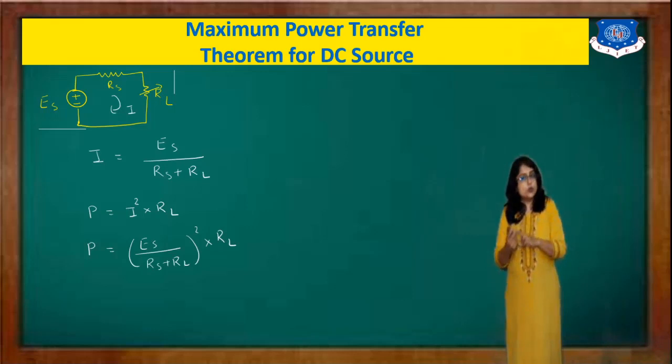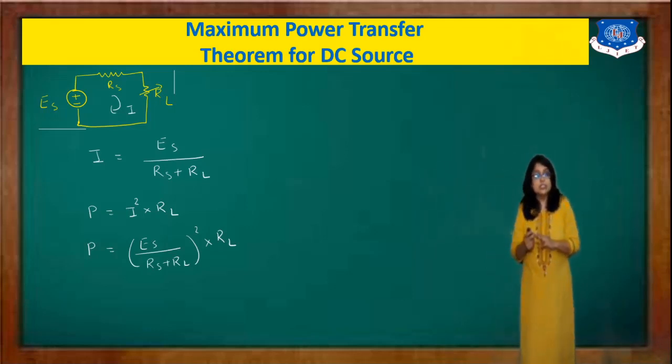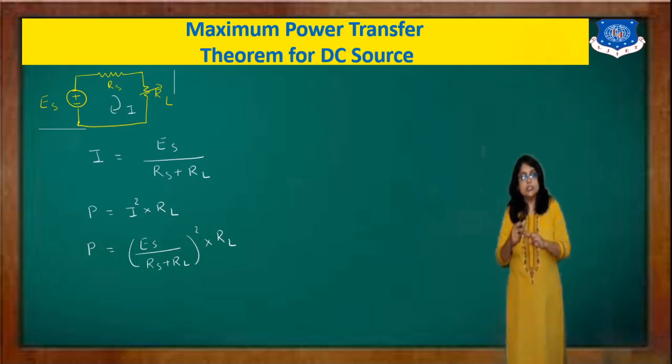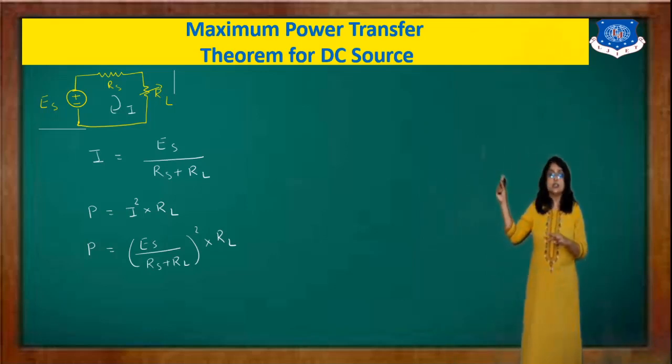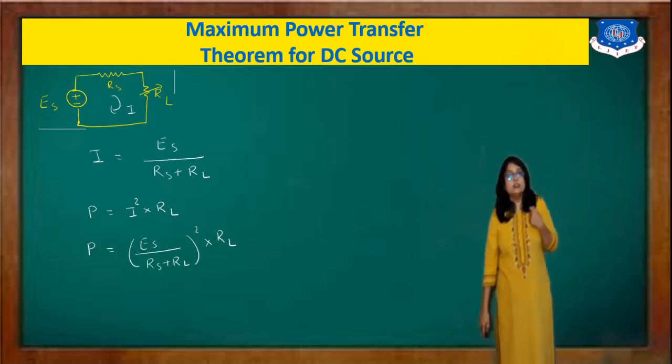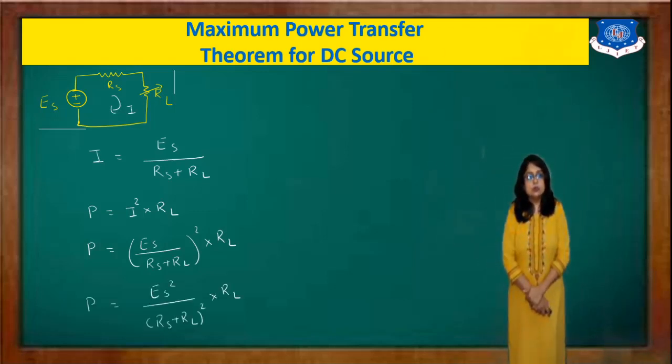Here, we are interested in the power, and our variable is the resistance. So take the differentiation of the power with respect to load resistance, and then equate that with zero.